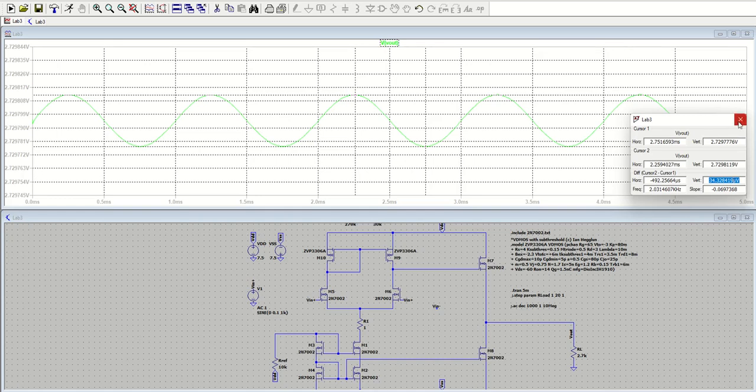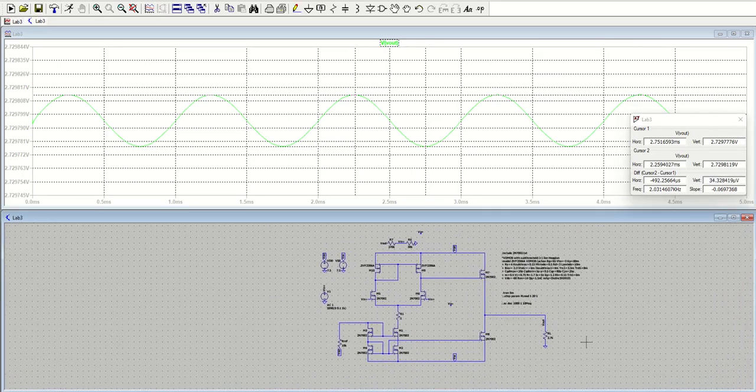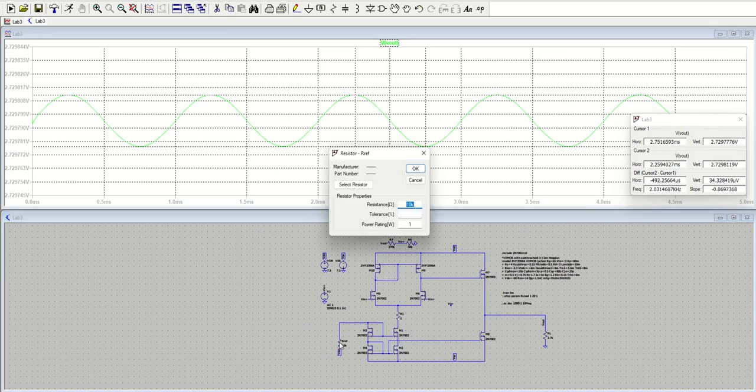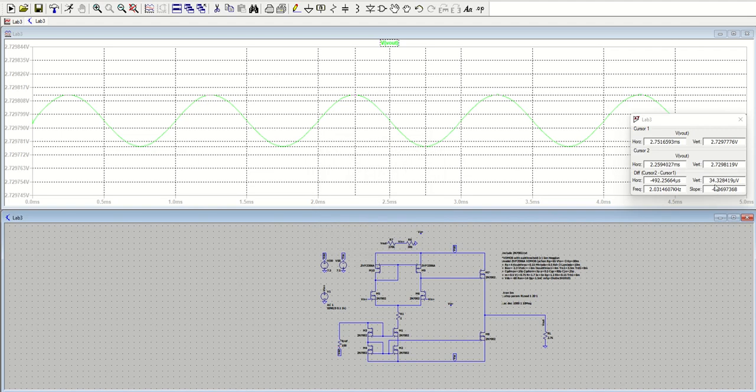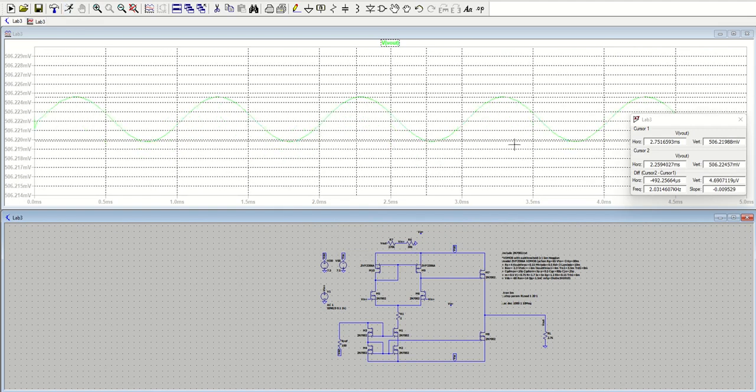One thing I wanted to point out: in the last lab, I talked about increasing the total current so your linear range is longer, stretching it to be able to drive a heavier load. By increasing the total current, you can also get much smaller noise on the output.